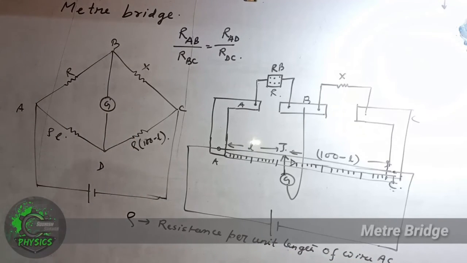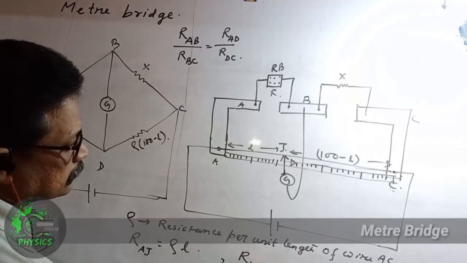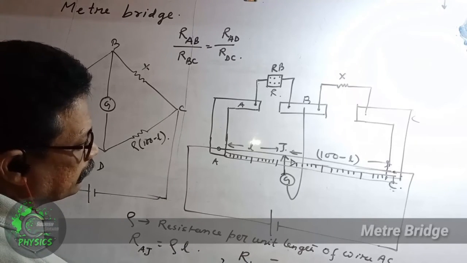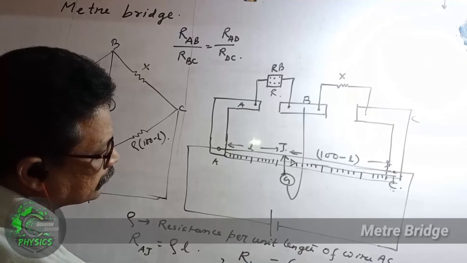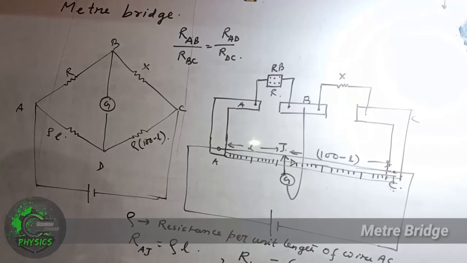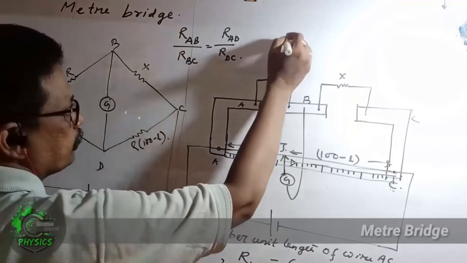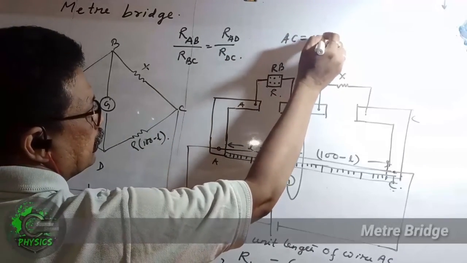Then what is the resistance of the length AJ of the wire? That must be rho into L. And what is the resistance of JC? That will be (100 minus L) into rho, because we are considering the length of AC as 100 centimeter.